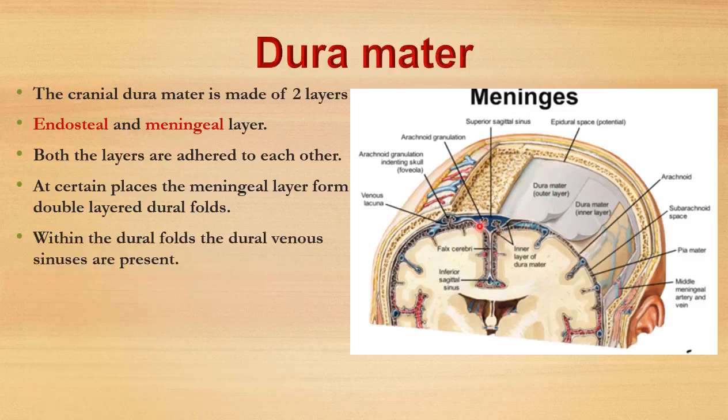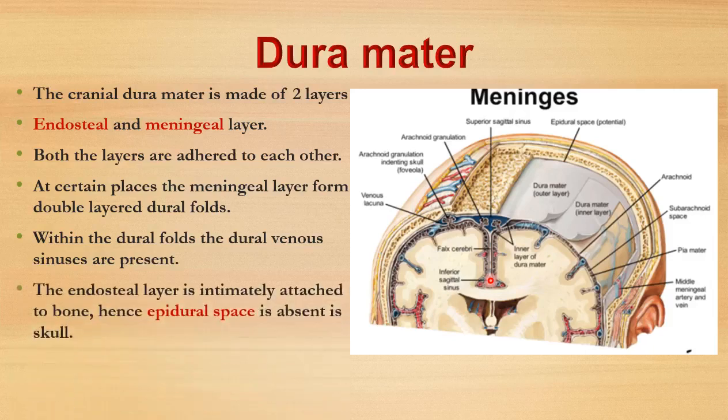Okay, so these double layered folds contain within them the dural venous sinuses. The superior sagittal sinus and the inferior sagittal sinus which you are able to see. Like that there are various sinuses. You have the straight sinus, right and left transverse sinus, sigmoid sinus, and more importantly the cavernous sinus.